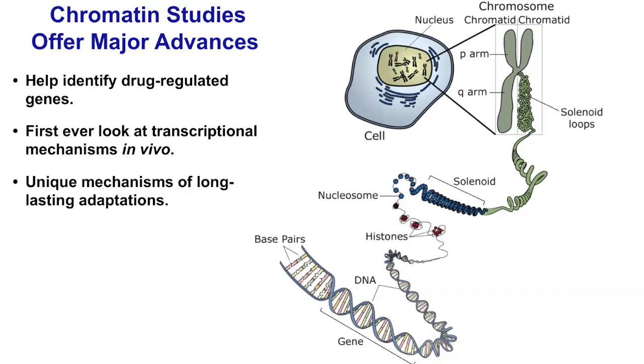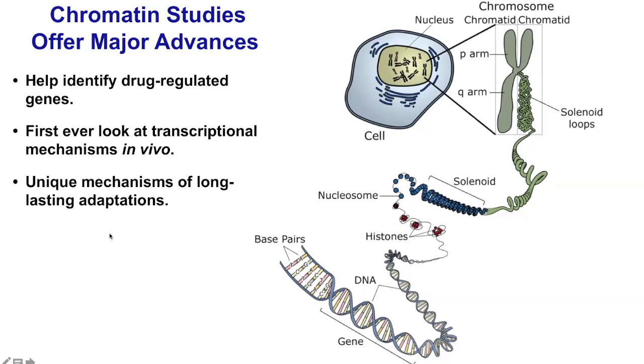Prior to the study of chromatin, studies of transcriptional mechanisms per se relied on in vitro data, even though we know what happens in cell culture, even cultured neurons, is not always a good reflection of what happens in the adult intact brain.